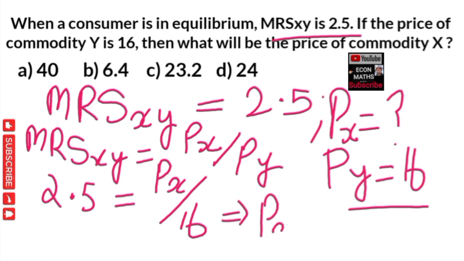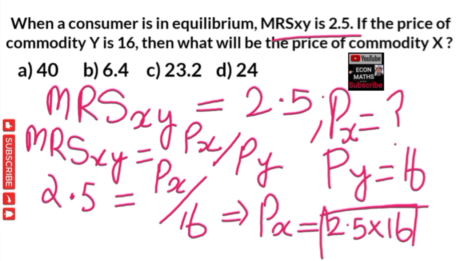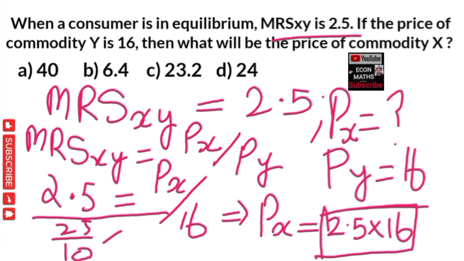Now when we solve this, price of x is equal to 2.5 into 16. Let me calculate this expression. 2.5 can be written as 25 divided by 10, into 16.